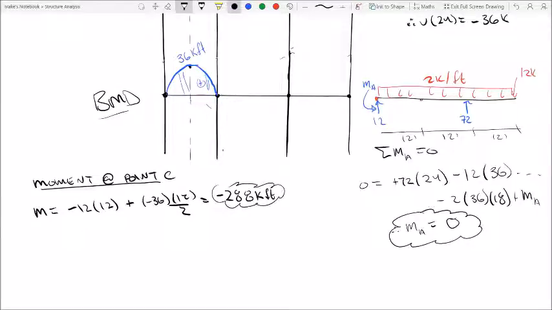So that is going to be our maximum moment, and you can see that it is negative, so our max negative moment of negative 288 at point C.